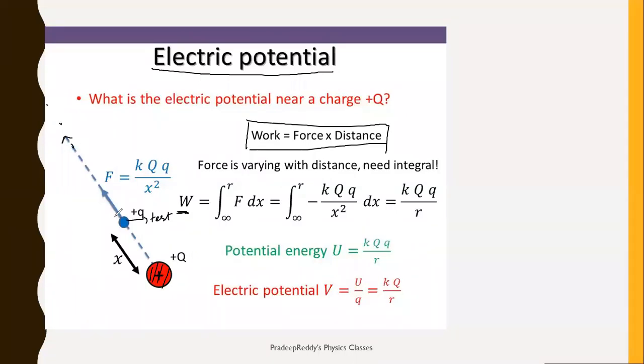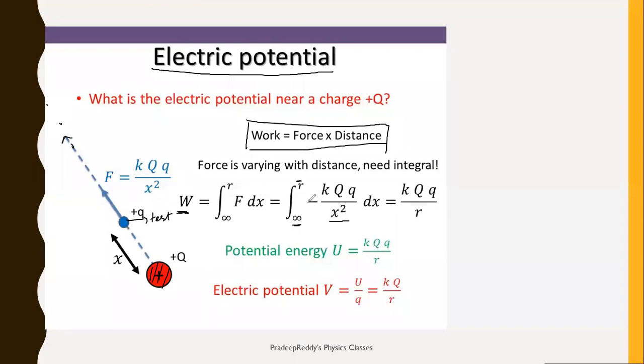So you are tending it to infinity. Therefore, one limit is infinity and the other position is R, where you are supposed to bring that particular test charge. And what is the F value? K Q small q by x square. I am substituting that here, and this dx as it is.